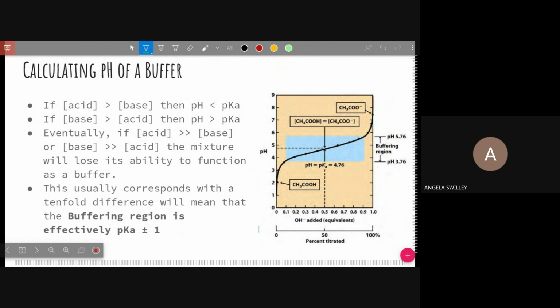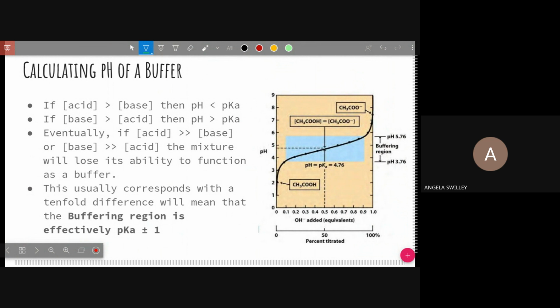Once your conjugate base becomes greater than your acid, then the pH is greater than the pKa. And if you ever get to the point where your acid is much greater than your conjugate base, or your conjugate base is much greater than your acid, then it loses the ability to function as a buffer.